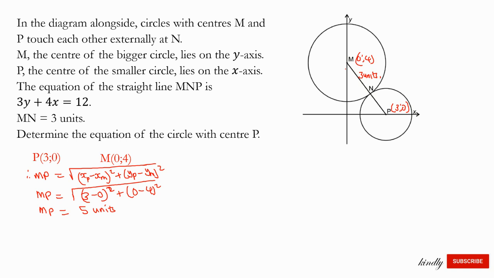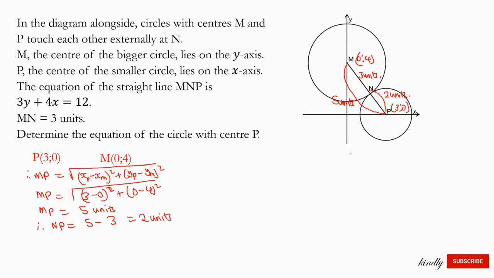So meaning that this distance from there up to there is 5 units. So if this distance is 5 units, and this one is 3 units, what is this distance from there up to there? It means this one is going to be 2 units, isn't it? So therefore, NP is equal to 5 minus 3, which is equal to 2 units.